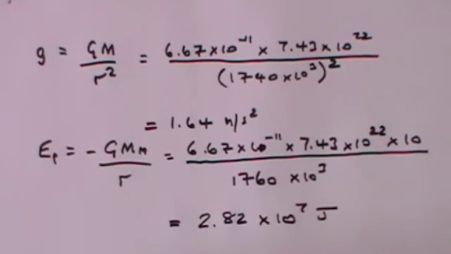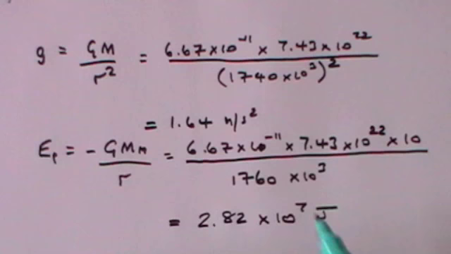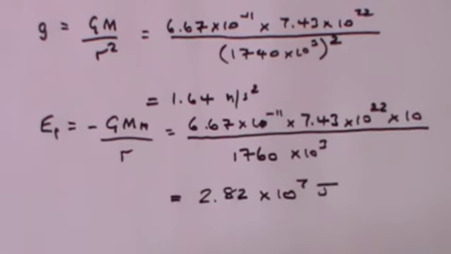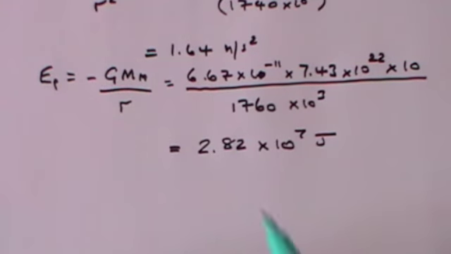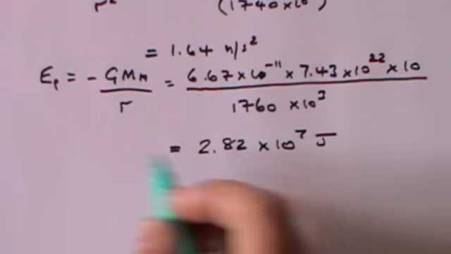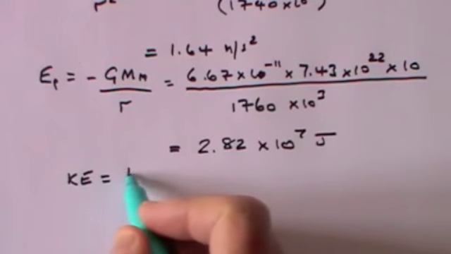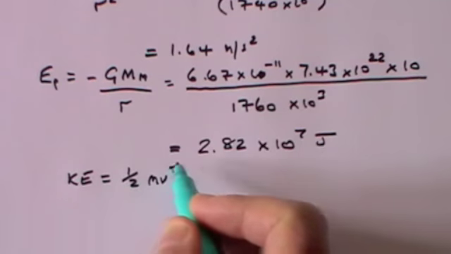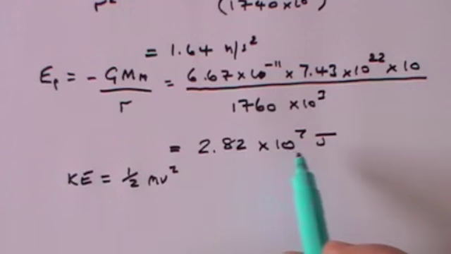The third question is, what would the velocity be if that mass were to fall to the surface of the Moon? Well, what would happen, of course, is that potential energy would all convert into kinetic energy, and so effectively the kinetic energy would be half mv squared, and that would be that amount there.